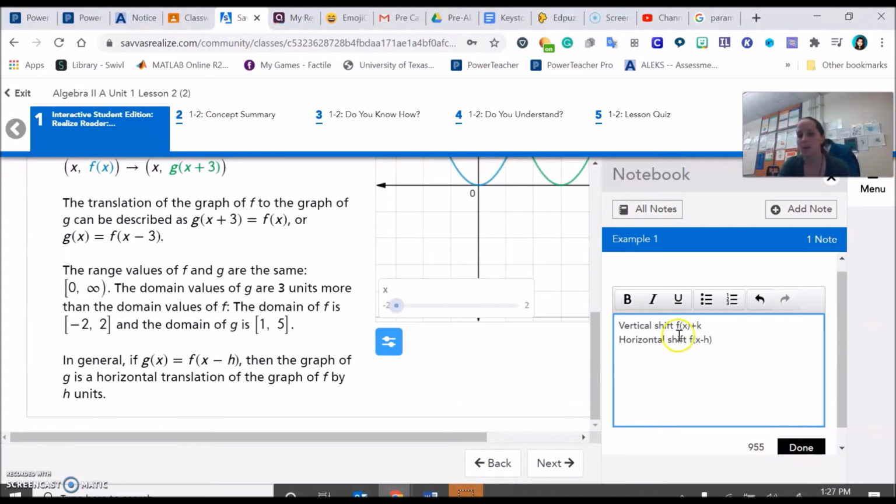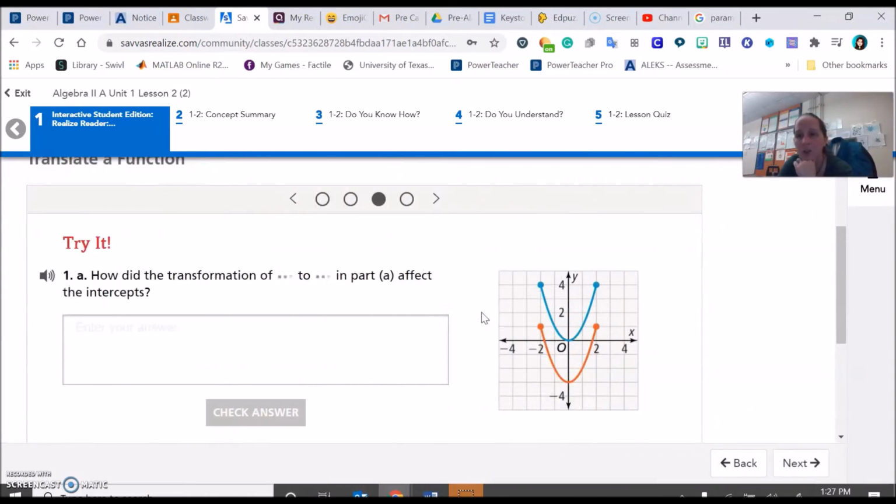Okay? So I take my function and then I subtract 3 from each point. In this case, I take x and I subtract h from it. So then the graph of g is a horizontal translation of the graph of f by h units. All right, there is a try it problem.